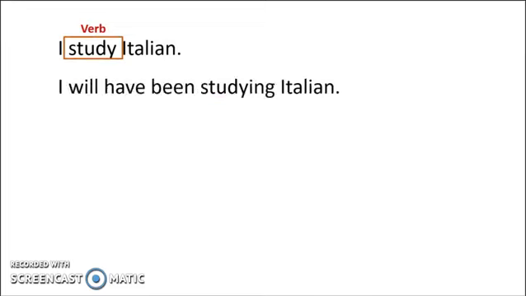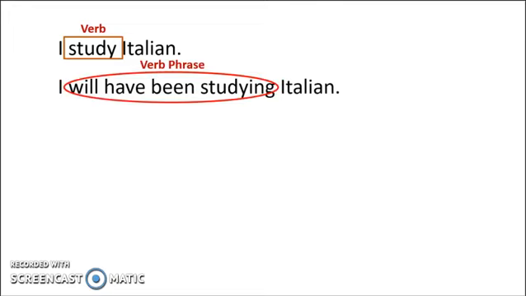I have here another example. In this example, does it have a verb only or a verb phrase? Correct. This sentence has a verb only. What about the second one?